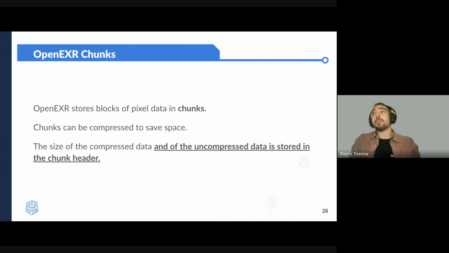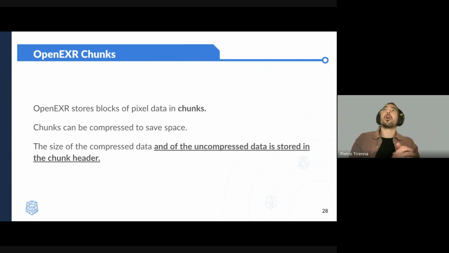This is important because, given how feature-rich this all is, we need some flexibility in the OpenEXR format. In fact, this flexibility exists. So OpenEXR stores blocks of pixel data in what it calls chunks. The chunks contain the pixel data, and the chunks can be compressed to save space.